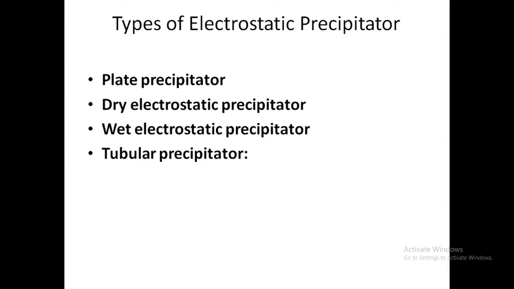First one, plate precipitator. This is the most basic precipitator type. It consists of rows of thin vertical wires and a stack of vertically arranged large flat metal plates that are placed at a distance of 1 cm to 18 cm.